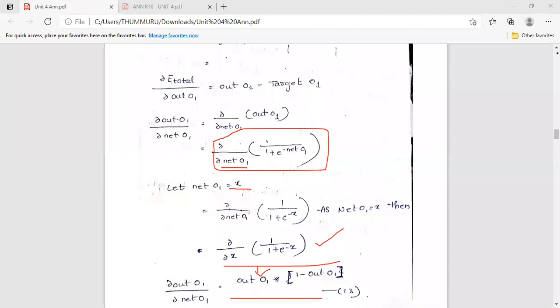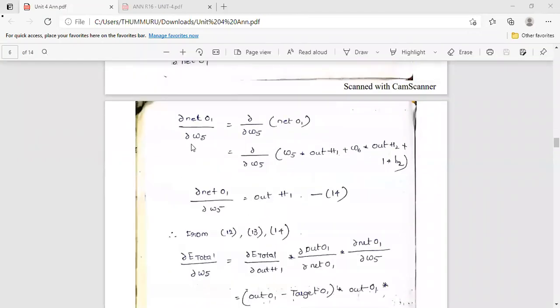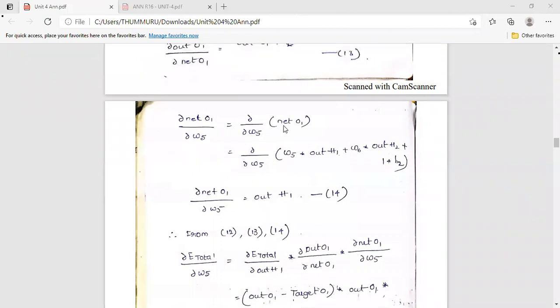In the same manner, here we are going to see the third one. What is the third one? The third one is dou net O1 by dou W5. If you see the formula of net O1, this is the substitution equation for net O1.